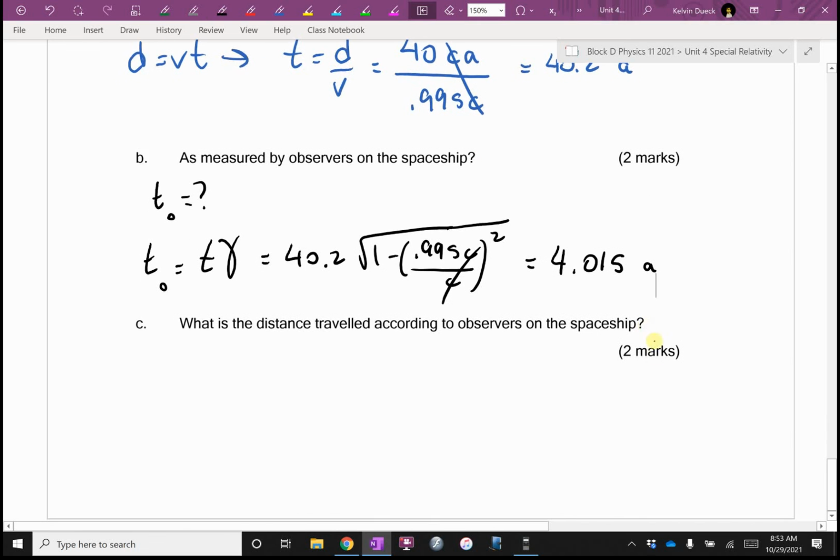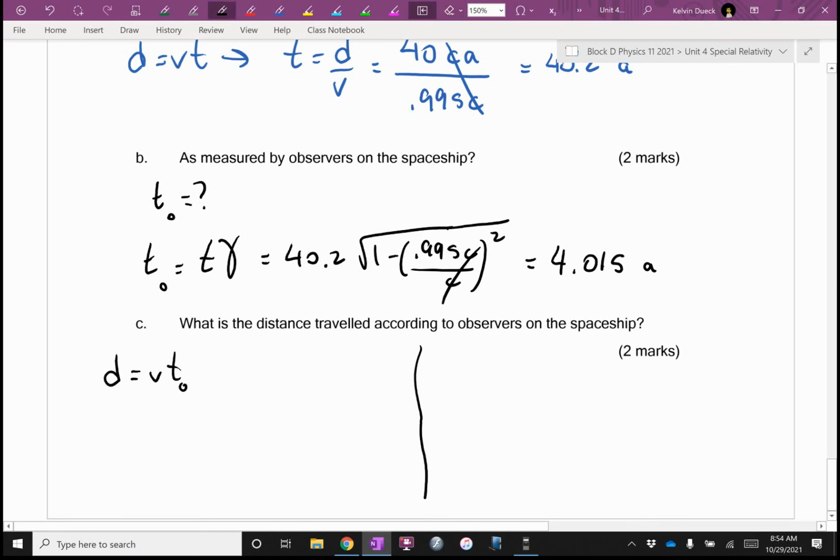What's the distance traveled? You can find this in two ways. You can go d equals vt relative to the spaceship. It's going to be time on board. Why does that work? Because as far as the spaceship is concerned, it's at rest. It's the universe that is moving. And because it's at rest, it can use a non-relativistic, non-Einstein equation.